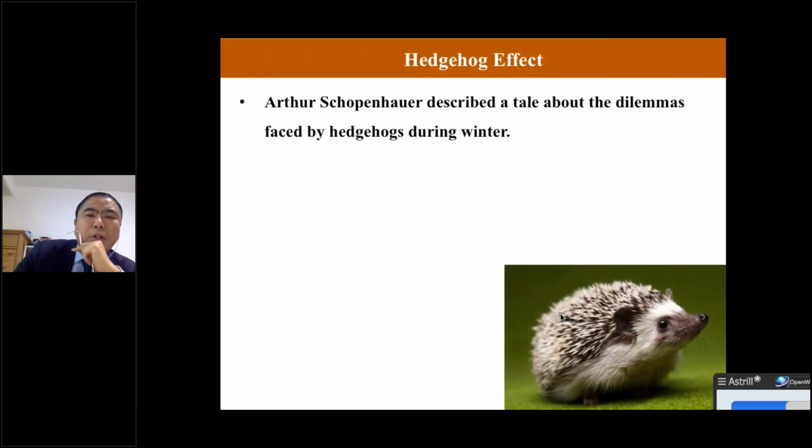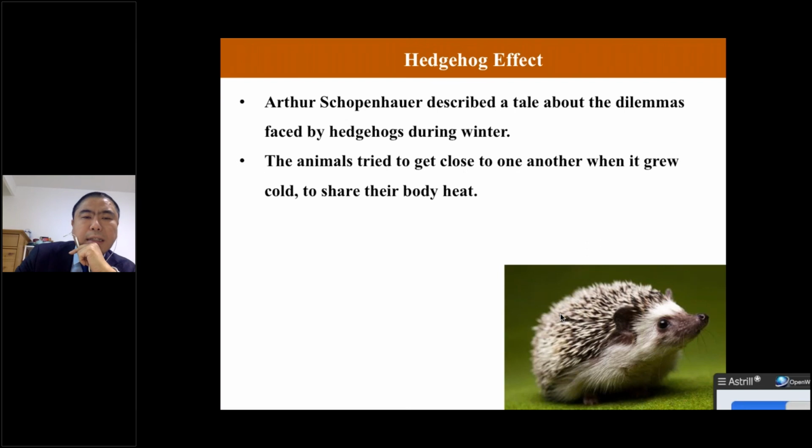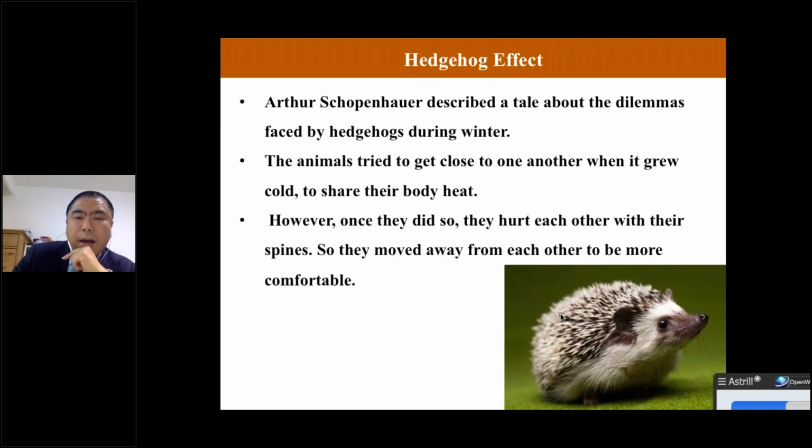The philosopher Schopenhauer described a tale about the dilemmas faced by hedgehogs during winter. The animals tried to get close to one another when it grew cold and share their body heat. However, once they did so, they hurt each other with their spines, so they moved away from each other to be more comfortable.